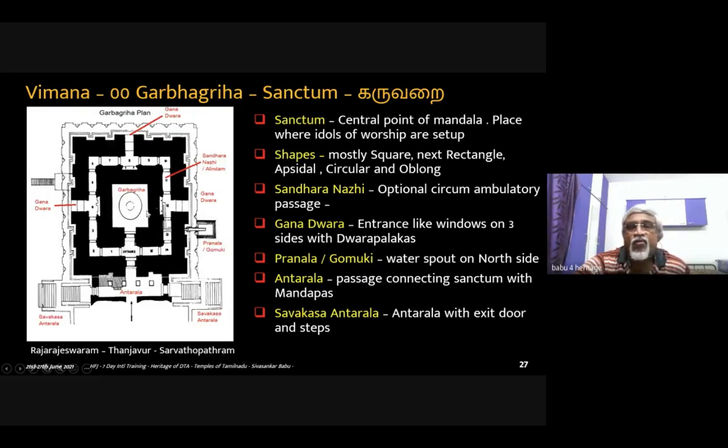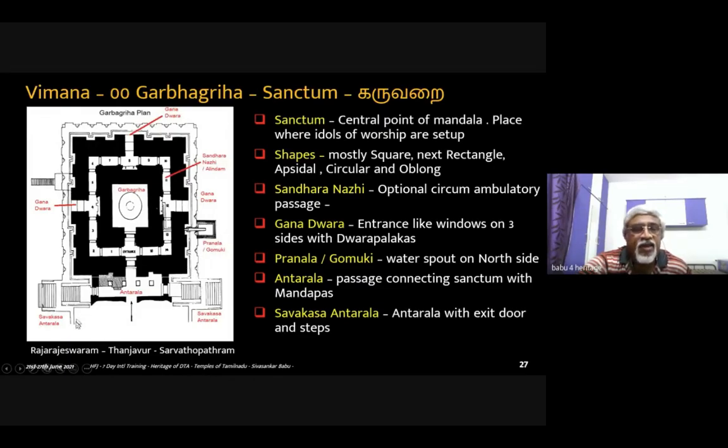The Abhishekam water coming out of it normally will be coming from the northern side into a tank. The drain is called the Pranala, which is the normal term used in North Indian structure also. So from here, the Garbhagriha is under the Vimana always. So this is the main Vimana component.